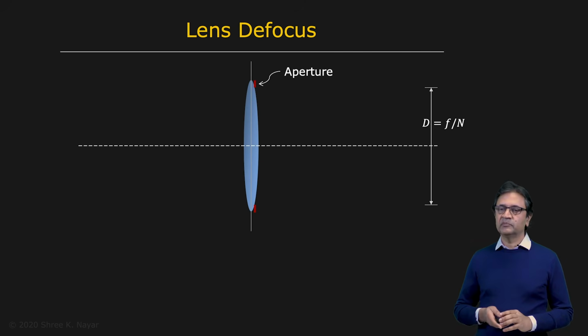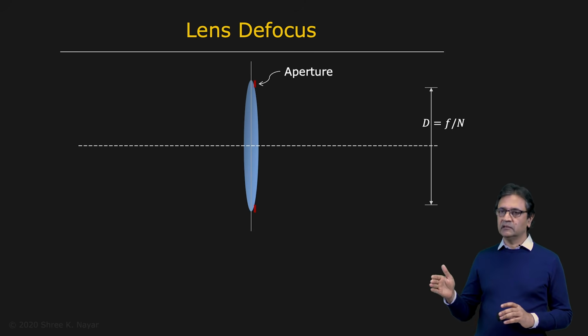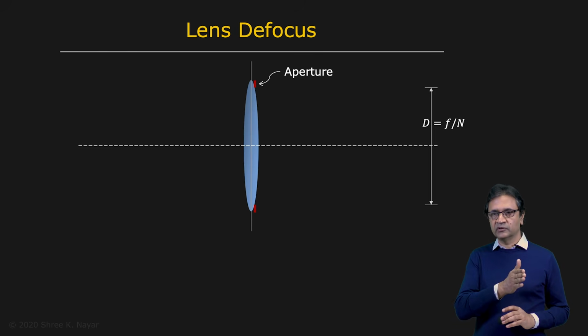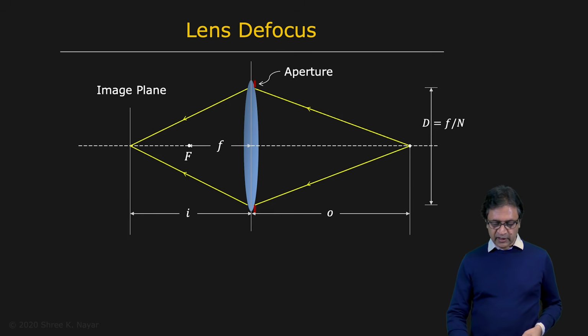Now let's talk about the price we pay when we use a lens. It gathers a lot more light, but there's only one plane in the scene that is perfectly focused onto the image plane by a lens. So let's take a look at our point O once again. This point O, distance O, is going to be focused at the distance I behind the lens.